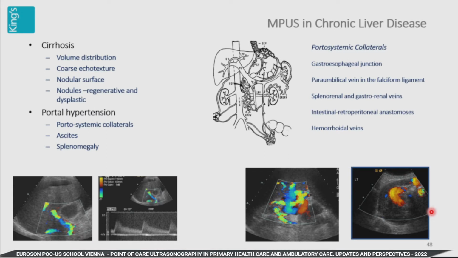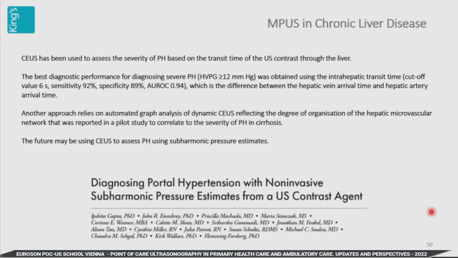Portal hypertension you can pick up by looking for portosystemic collaterals, but this is of no use because it's already developed and advanced. But there is a technique that's now coming through using contrast-enhanced ultrasound, using subharmonic pressure estimates from an ultrasound contrast agent. It's used at the moment in a research mode, but you can look at the microbubbles in the portal vein and see how much that pressure affects that portal vein.